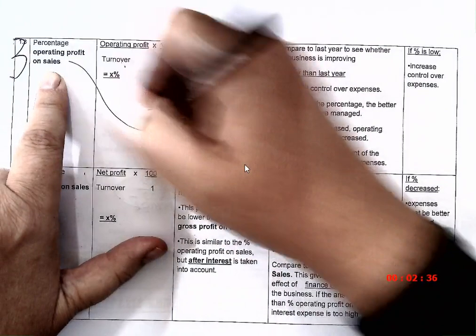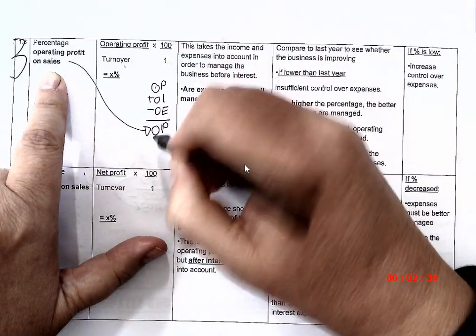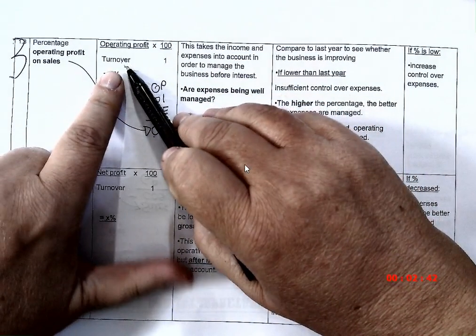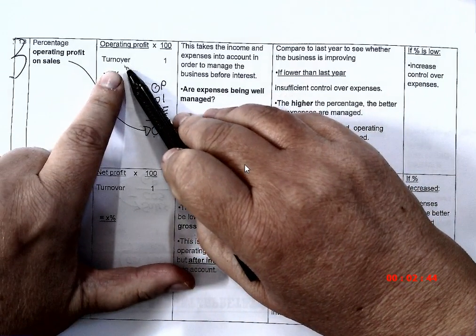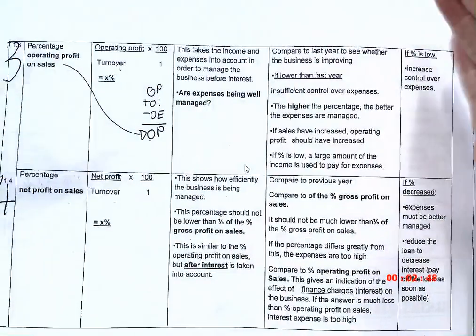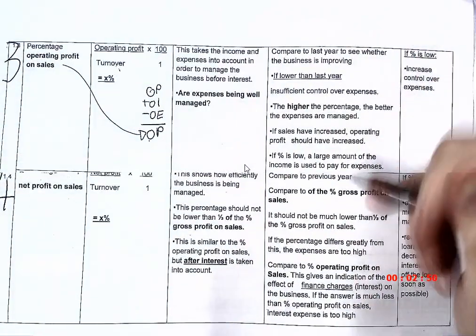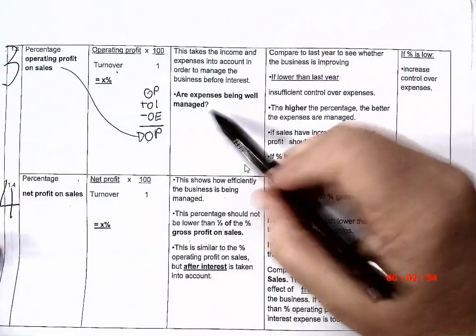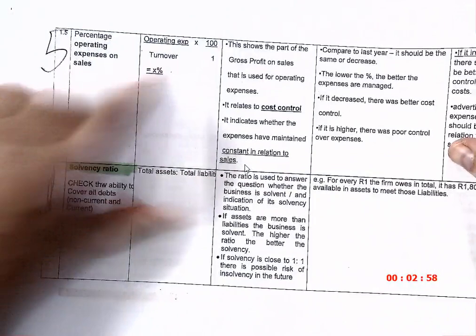And this is what I'm calculating now. So I'm going to put that operating profit on the sales, right? And this will actually be an indicator for you if you are managing your sales, your expenses well. Okay? You will see we will also do one where we take the operating expenses on sales.